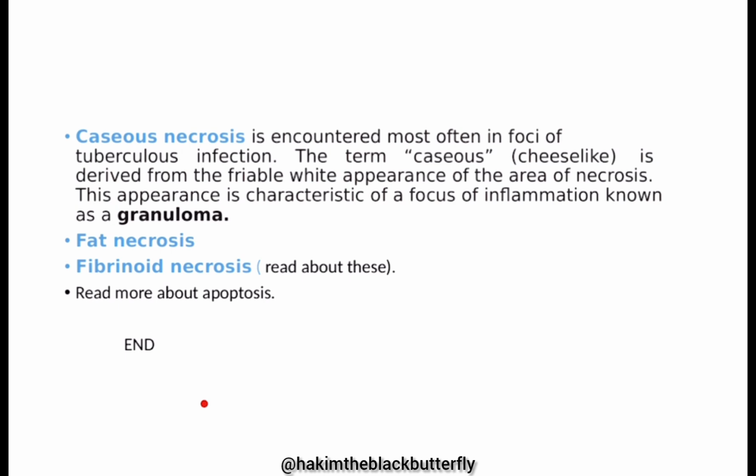I'm saying the first assignment of the day: go and list physiological and pathological causes of hyperplasia, hypertrophy, and atrophy. There are three cellular adaptations to injurious stimuli: hyperplasia, hypertrophy, and atrophy.